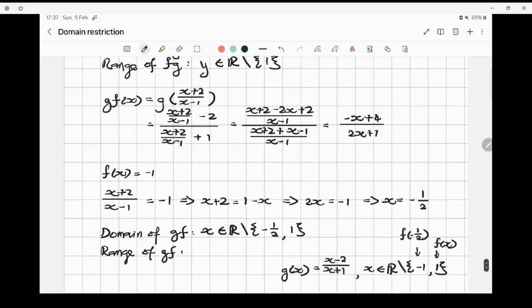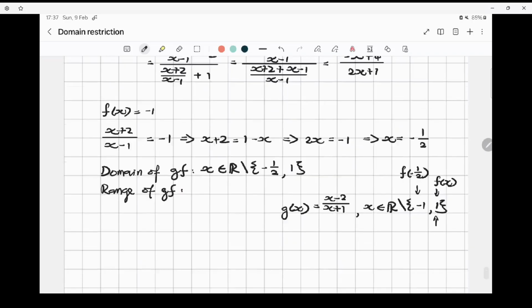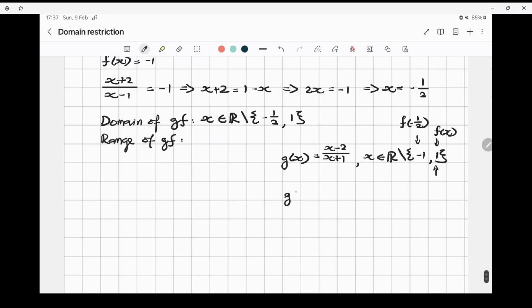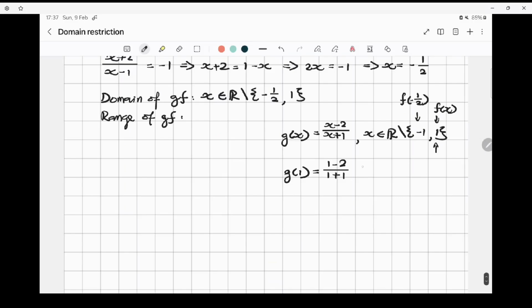But this time, you have another point here. So you need to substitute g of 1 inside, which is minus 1 over 2. So this is the second point that, because of f of x, you need to avoid.